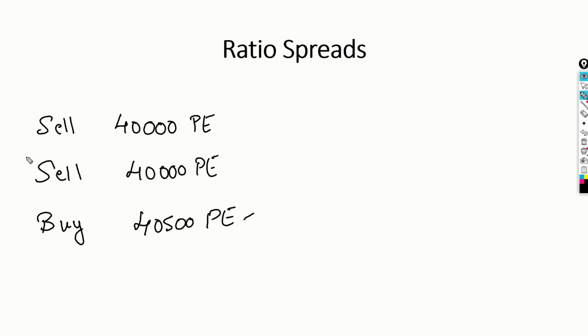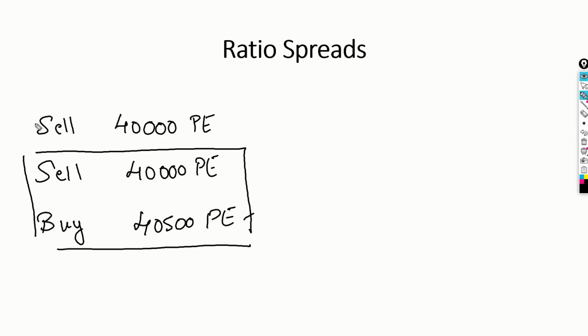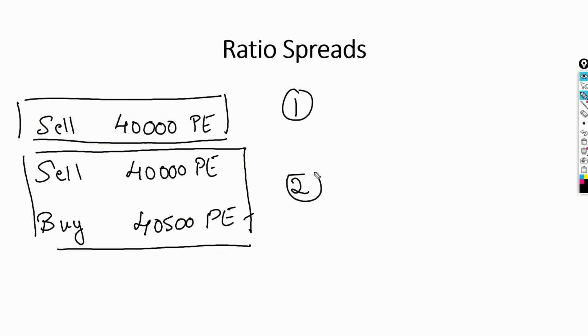So here we are going to make this particular buy leg and sell leg into a group, and we are going to make this sell leg alone into a group. So this is group 1 and this is group 2. So group 1 essentially is nothing but a bear put spread, and this is a naked put short.